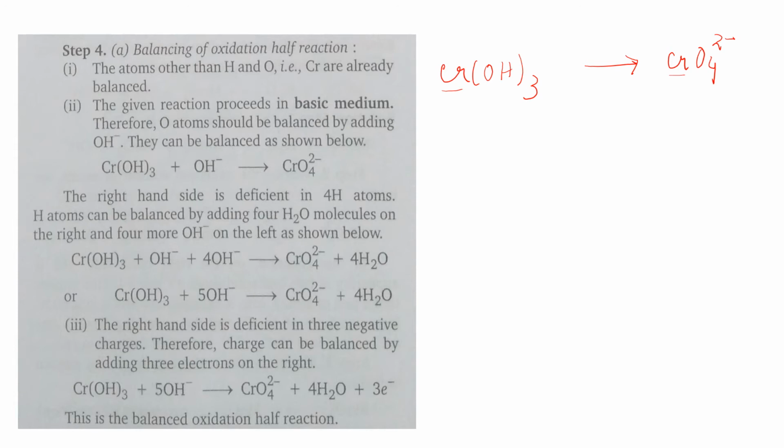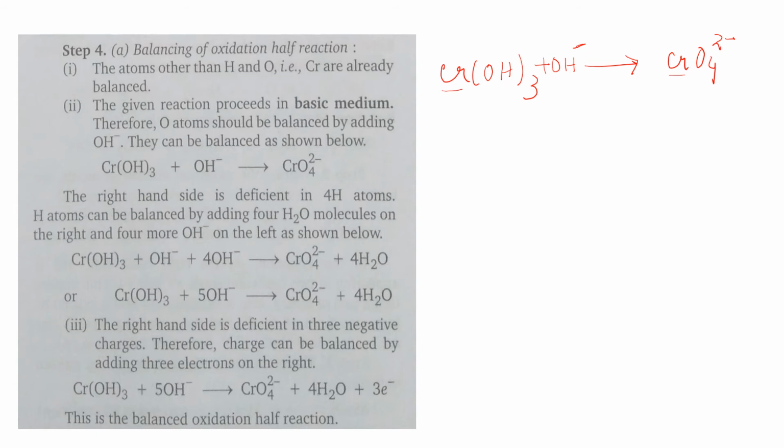Now in the left hand side we have 3 oxygen atoms and in the right hand side we have 4 oxygen atoms. So the left hand side is deficient of 1 oxygen atom. So we have to add 1 OH- ion in the left hand side. After that we have to see for the hydrogen.